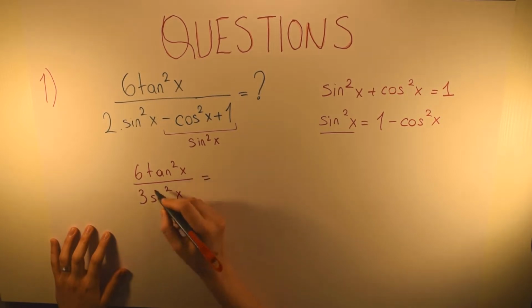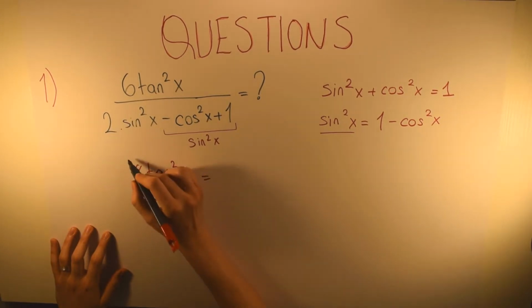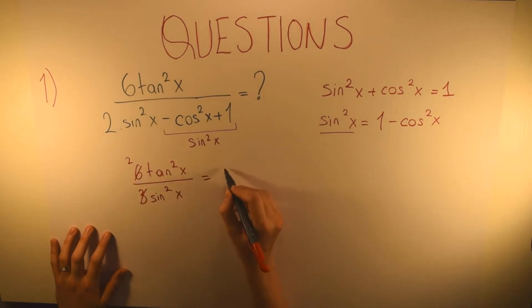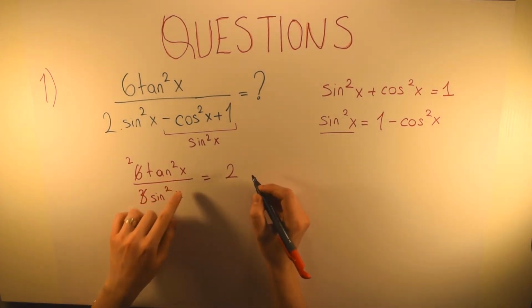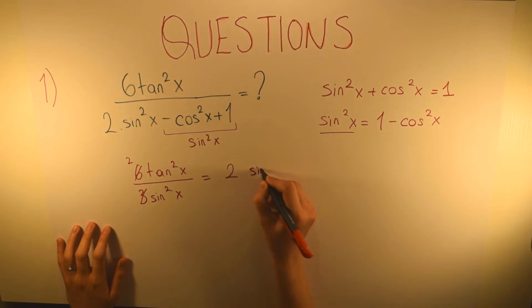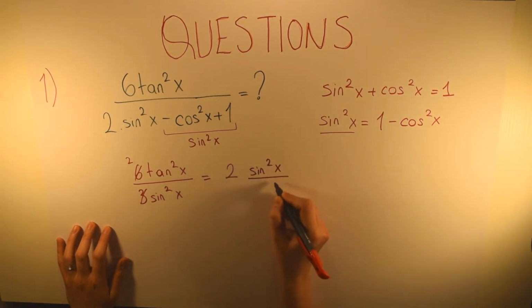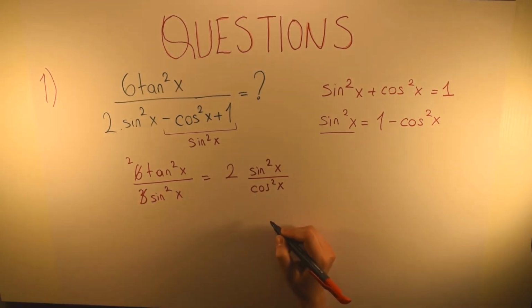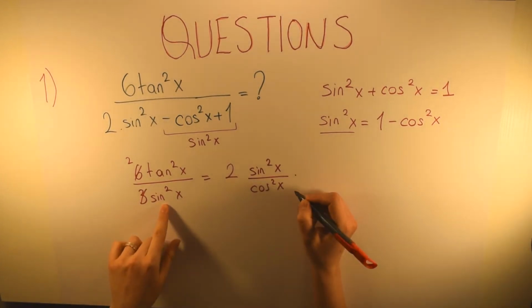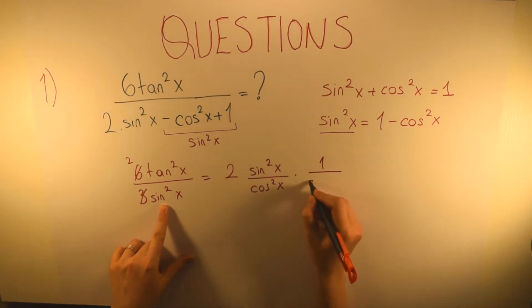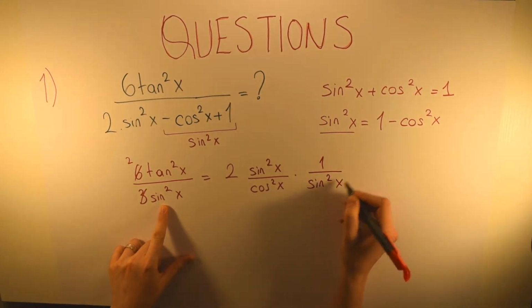Okay, so let's simplify this. This will be 2, so we will have 2 tangent square x. I can write this as sine square x over cosine square x, because tangent is equal to sine over cosine. After that, times 1 over sine square x.